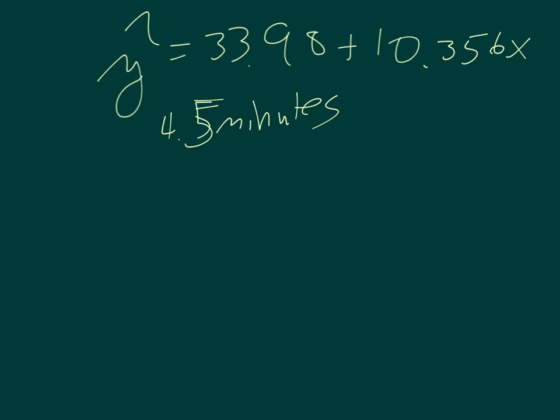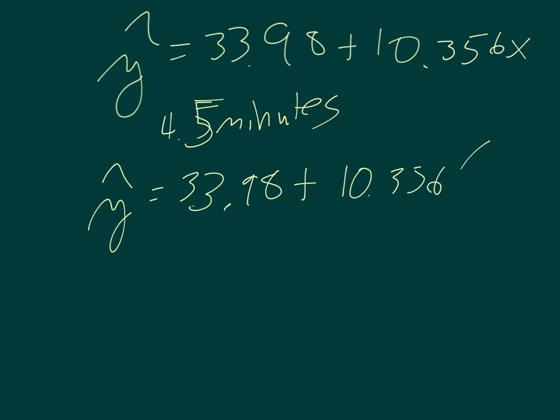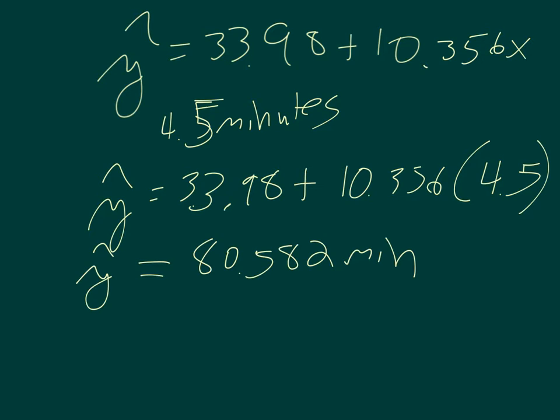So take this and plug it in for x. Y hat equals 33.98 plus 10.356 times 4.5 for minutes, and I get that I expect it will be approximately 80.52 minutes until the next eruption happens.